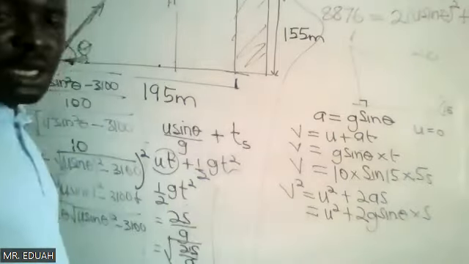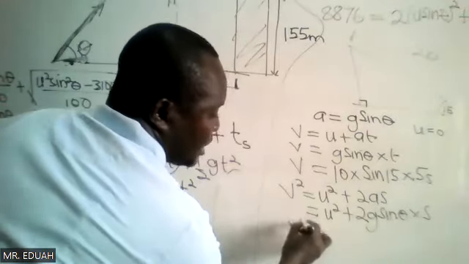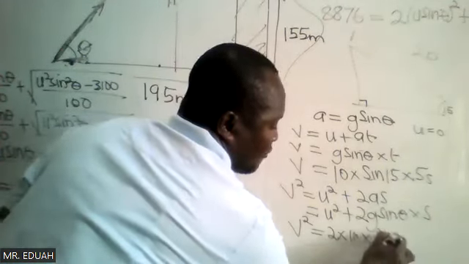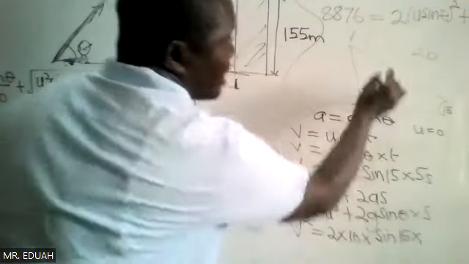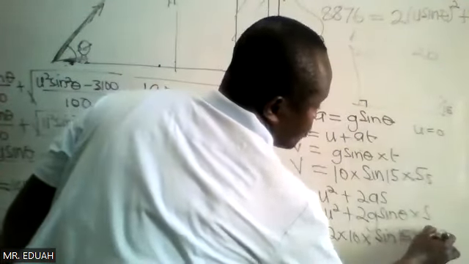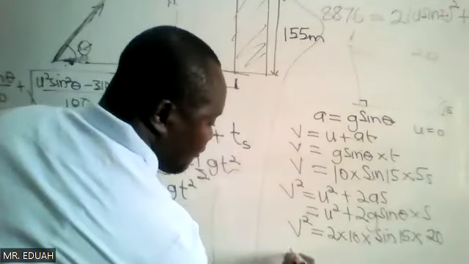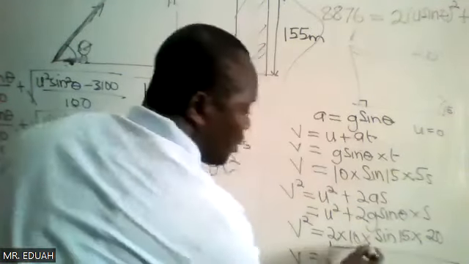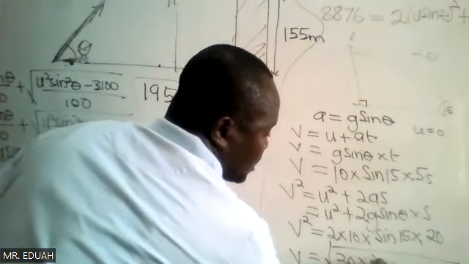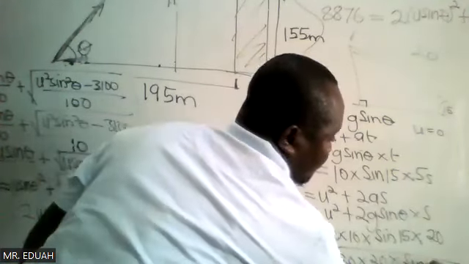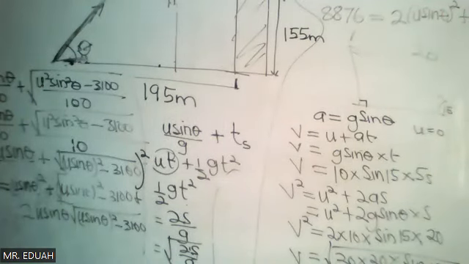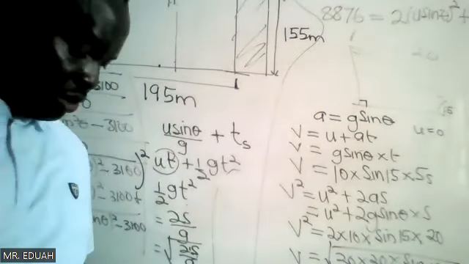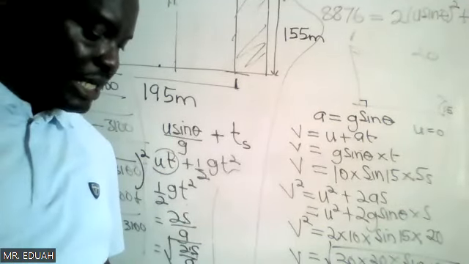U is 0, so v squared will be 2 times 10 times sine of 15 times the whole length of the plane, which is 20. Therefore, v will be equal to the square root of all this, 20 by 20 by sine of 15. That would give you the velocity just before it hits the ground. The reason is that when it hits the ground, the velocity is 0.